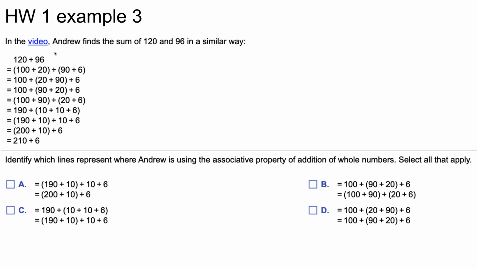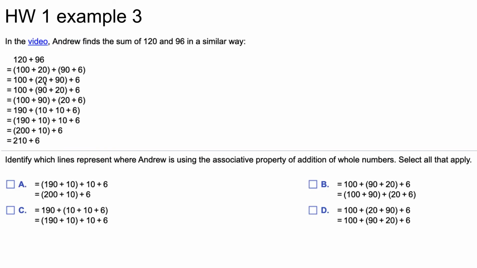Okay, in the video, we're gonna watch the video in that homework example. Andrew finds the sum of 120 and 96 in a similar way. Okay, so this is what Andrew did to find the sum of 120 and 96 in the video. 120 plus 96, decompose 120 and 96.